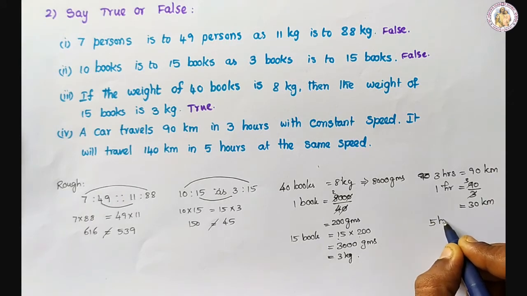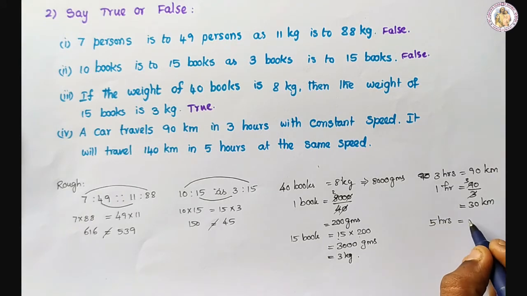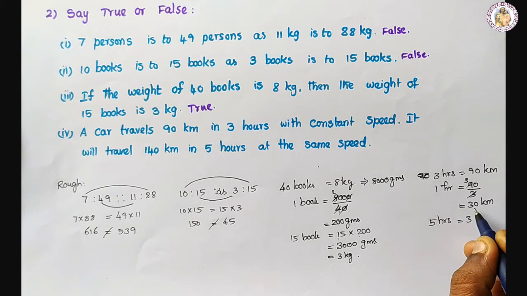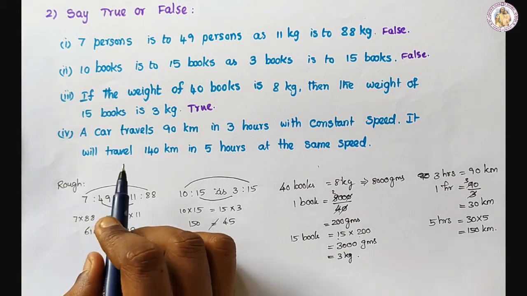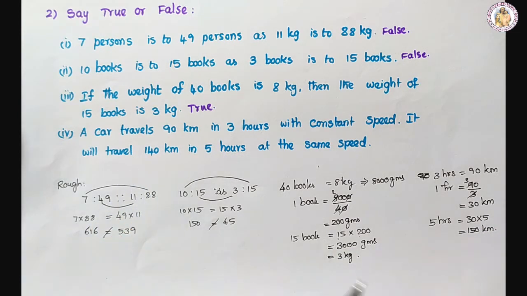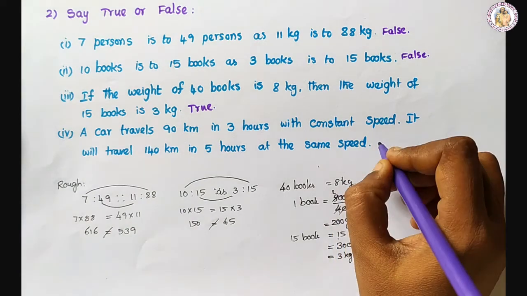In 5 hours, how many kilometers? In 1 hour 30 kilometers, so 5 hours means 30 into 5, that is 150 kilometers. But they have given 140 kilometers only. So that is false.